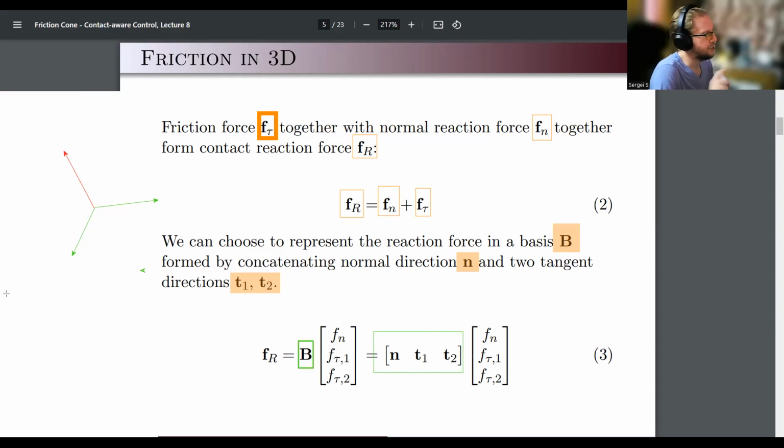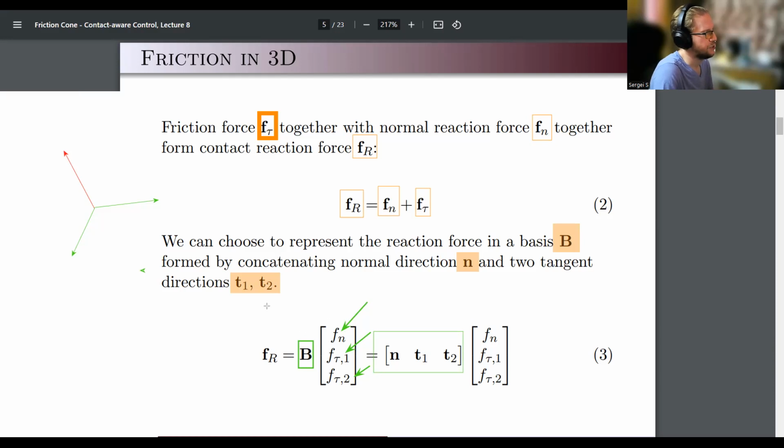And in this basis, the coordinates of the forces are Fn, the scalar that represents the value of the normal reaction force, and F tau 1 and F tau 2, those two scalars. The square root of the sum of the squares, tau 1 squared plus tau 2 squared, would be the magnitude of the friction force.